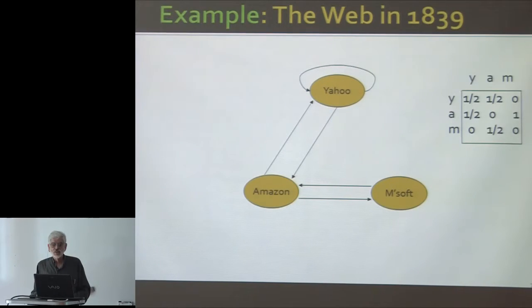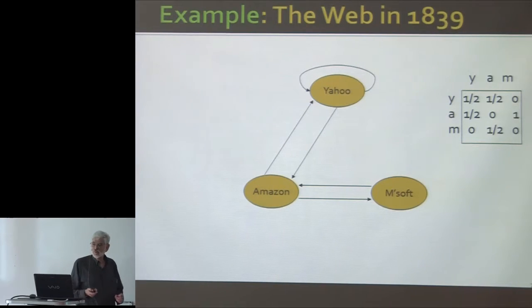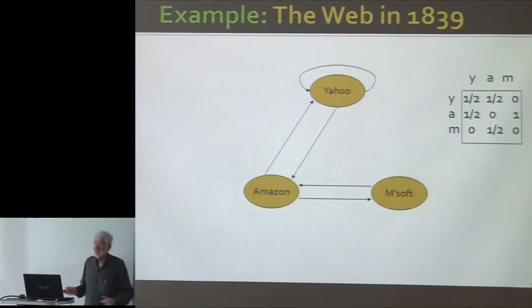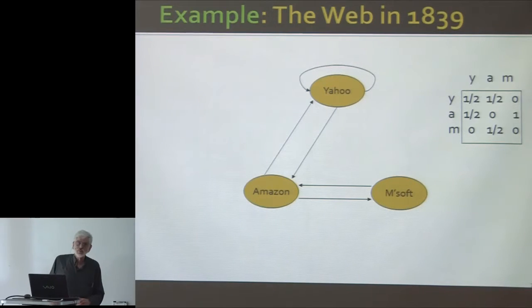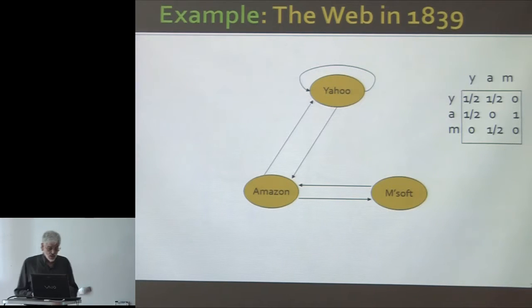Now this is the lead up that I was trying to give you, but I did it too early. Okay, so you go back to 1839, and it turns out there are only 3 pages on the web. These are the arrows of the links. To give you an example, Yahoo links to Amazon and to itself.